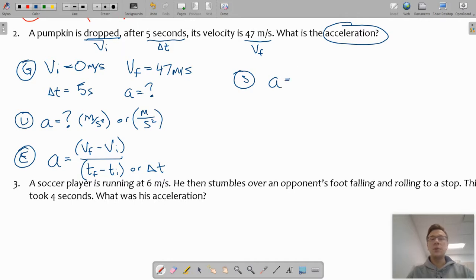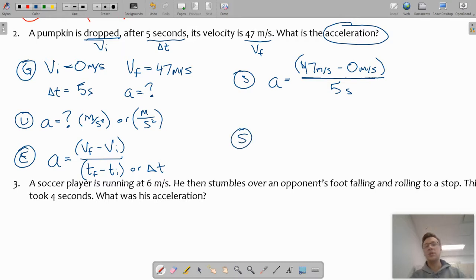So the object's final velocity was 47 meters per second minus 0 meters per second because our initial velocity was 0. And then our time interval here is just 5 seconds. Okay, so we can see that it's going to end up being 47 divided by 5, which I will go ahead and write out here. So 47 meters per second divided by 5 seconds.